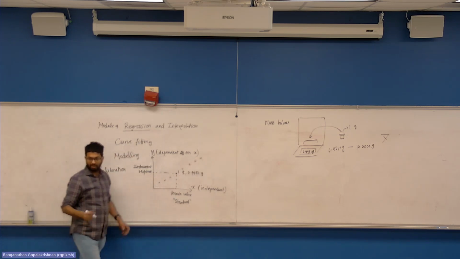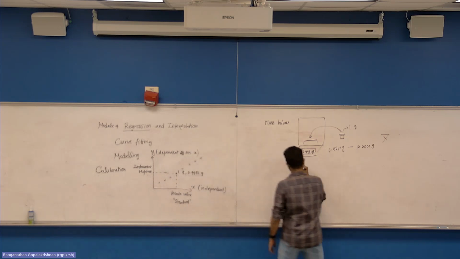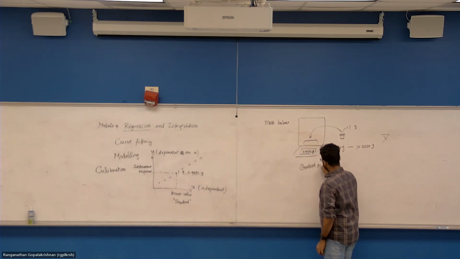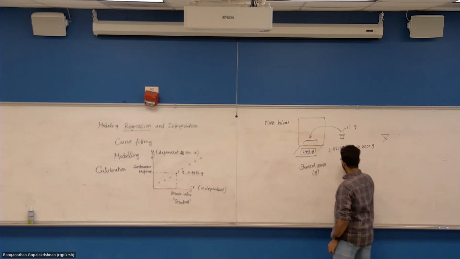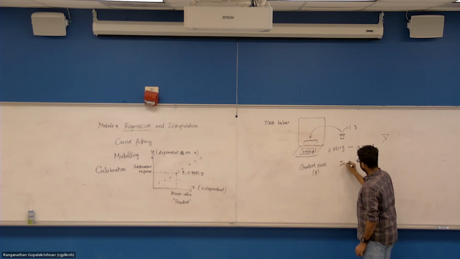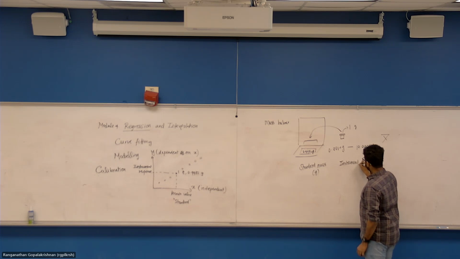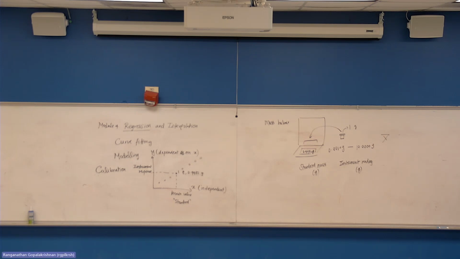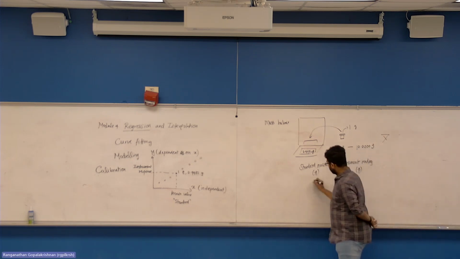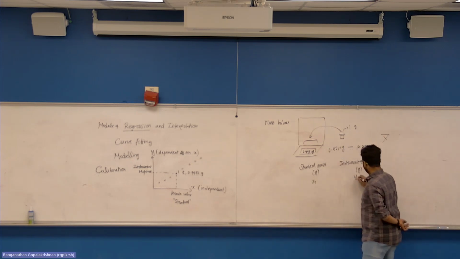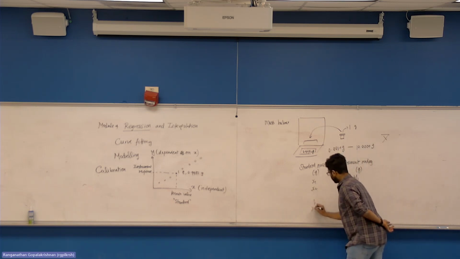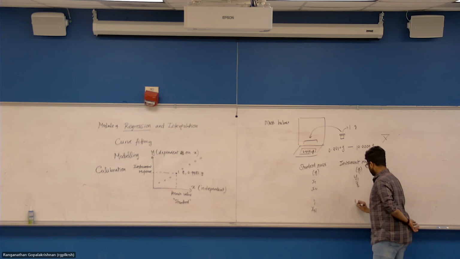And you will produce for me a table where it says standard mass in grams and then instrument response or reading also in grams. Okay, so I'll have, let's say, x1, y1, x2, y2, and xn, yn.